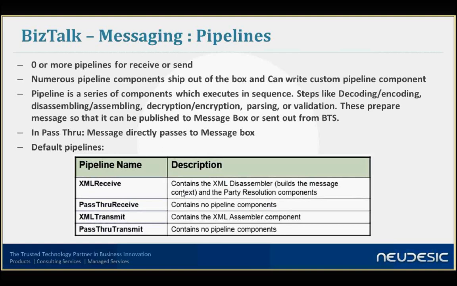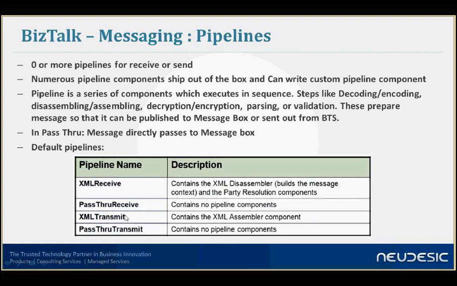Pass-through receive doesn't contain any pipeline components. Again, XML transmit for the send port contains the XML assembler component, just the reverse of what is happening in XML receive. It will assemble, it will apply encryption, things like that.